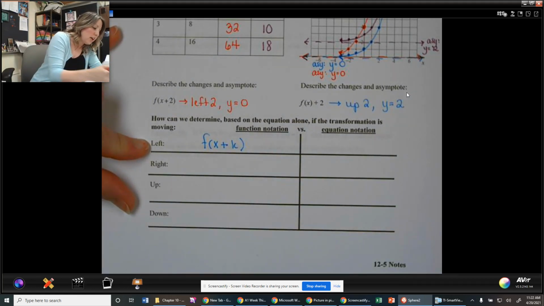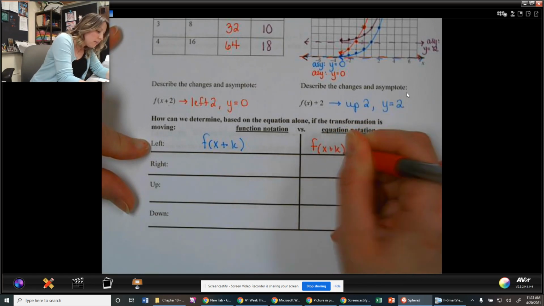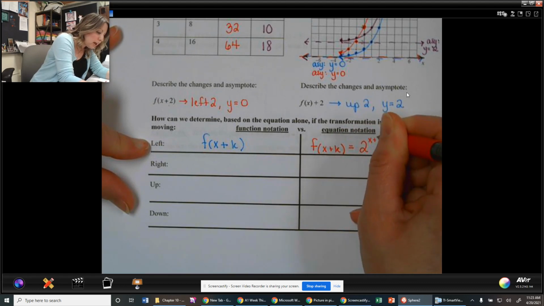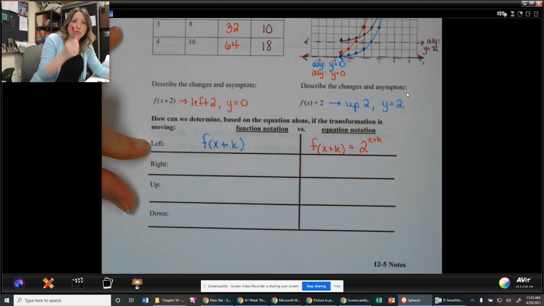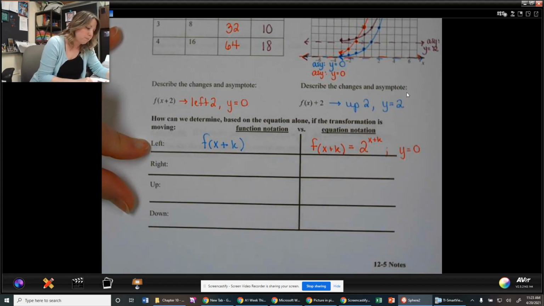What does that look like in the actual function equation? So let's call it f of x plus k right here as well. That will equate to 2 to the x plus k value. That moves you left when you add inside the parentheses. It does keep your asymptote at y equals 0.